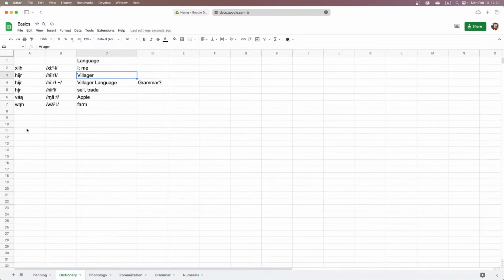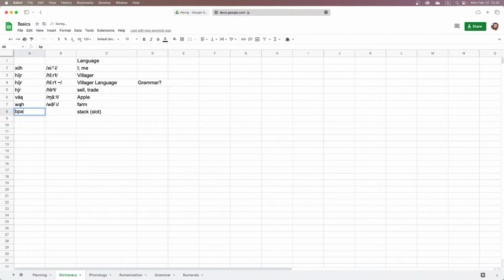That makes a lot of sense. So stack, slot. We could have it as a measure word.